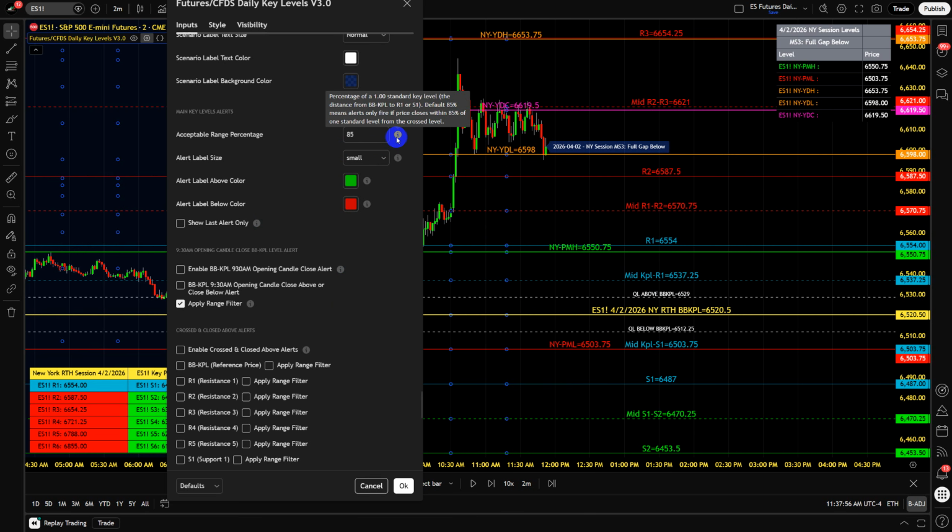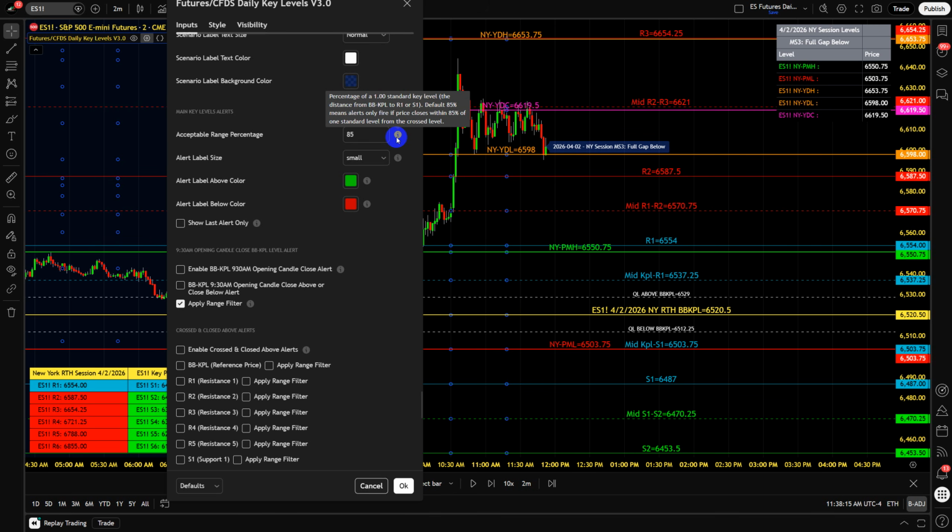Default 85% means alerts only fire if the candle closes within 85% of one standard level from the crossed level, whether it crossed above that level or crossed below that level.